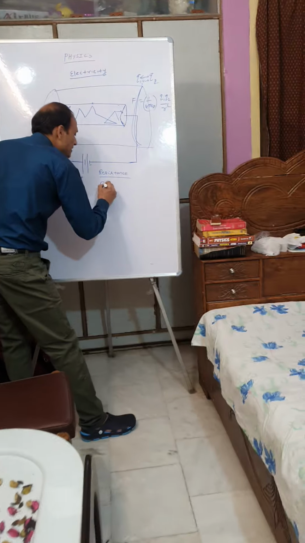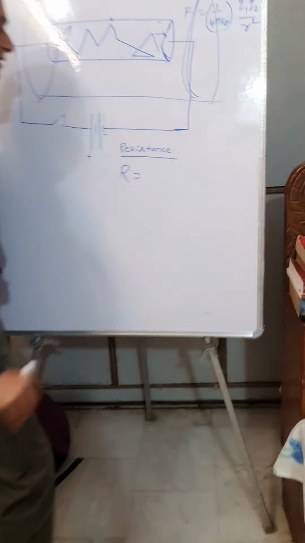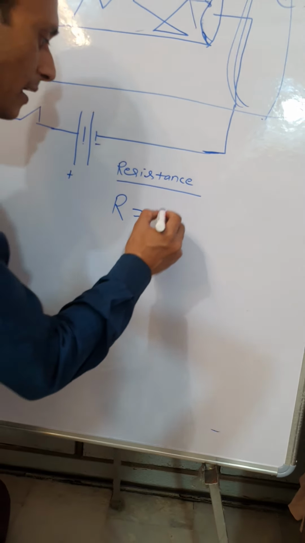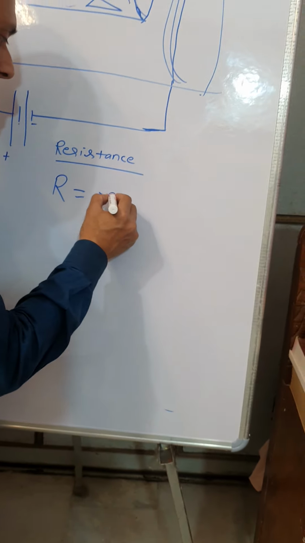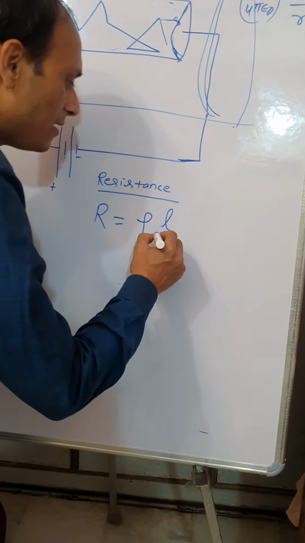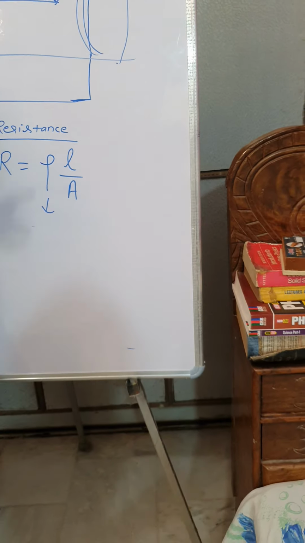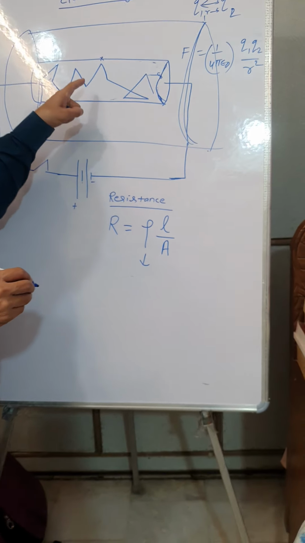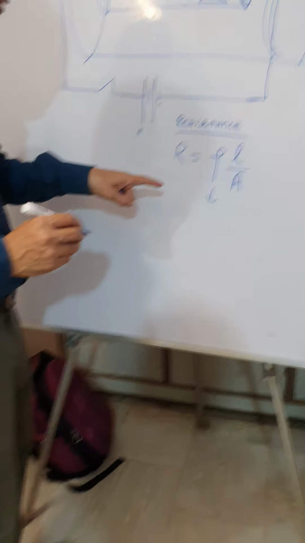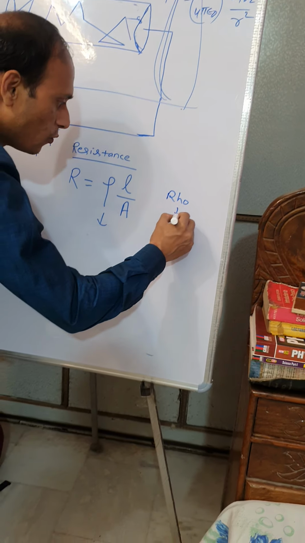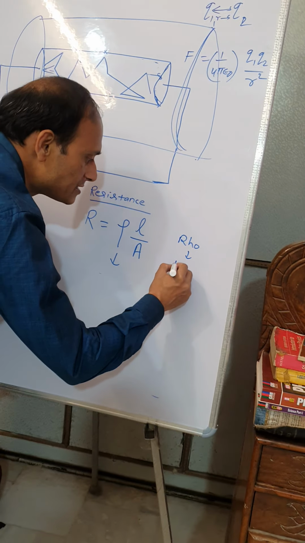And this resistance is also a physical quantity which can be measured as rho times L divided by A, where rho is one of the internal characteristics of the conductor. This rho is called resistivity.